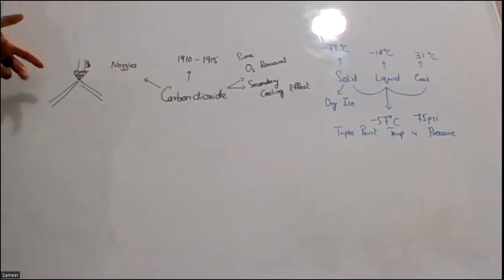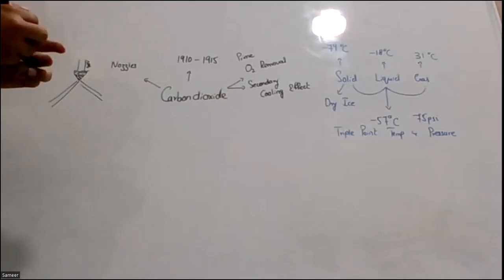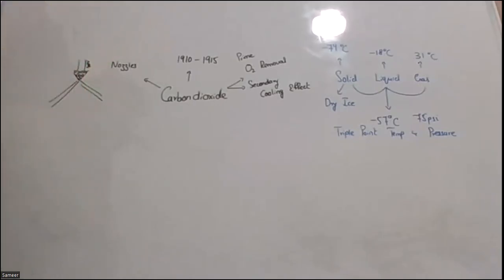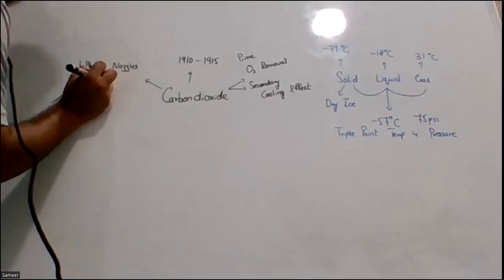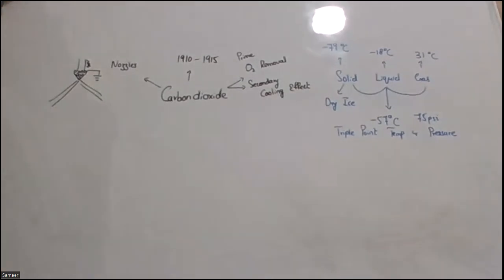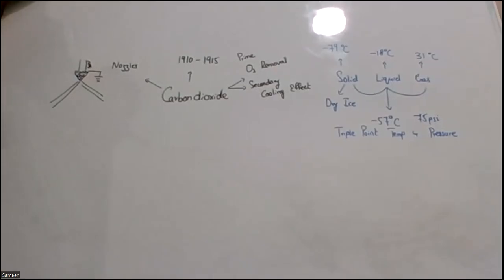And if any person holds the conductive part, he may find a shock hazard. So for that purpose, NFPA 12 recommends that all the nozzles must be grounded, so that the static charges are always neutralized.